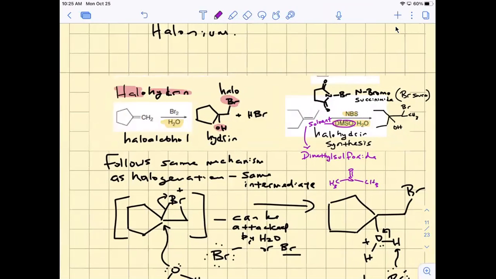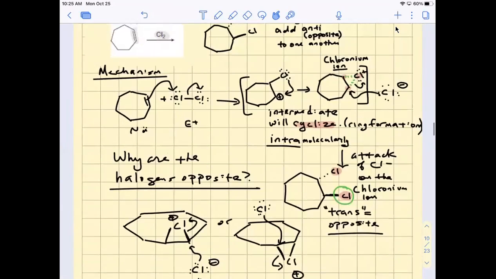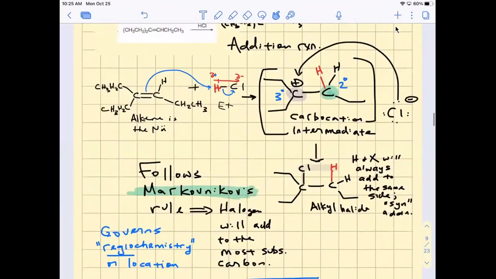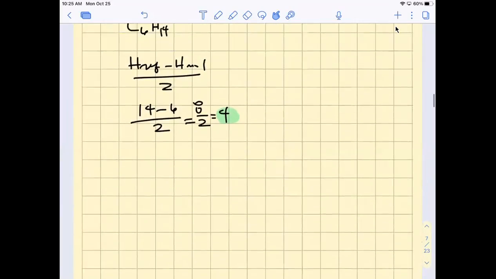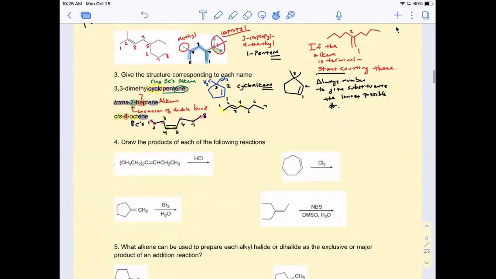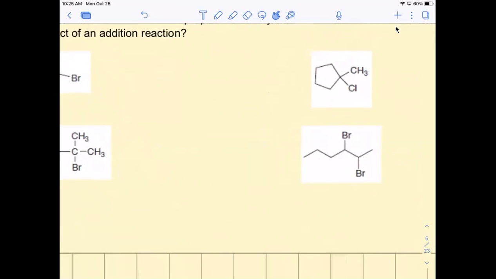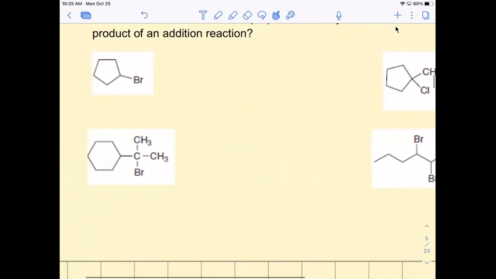All right, any questions about that? All right, we're going to come back to the other set of questions up here to ask about the alkene starting material. You can kind of see it says what alkene can be used to prepare each alkyl halide as the exclusive product of an addition reaction.